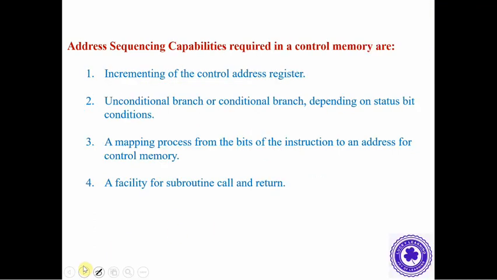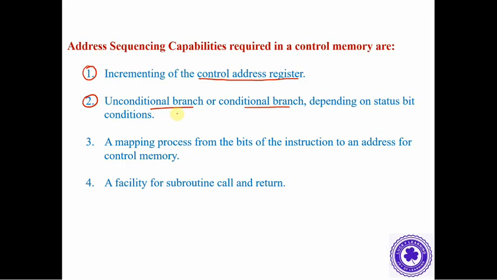It means deciding the next address information. What are the possibilities? One possibility is incrementing the control address register by one, so that it executes the immediate next instruction. Second, maybe an unconditional jump or a conditional jump, depending on the status bits. Status bits mean, like if it is positive, it has to make a jump.